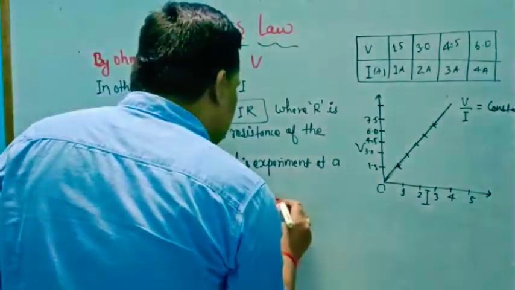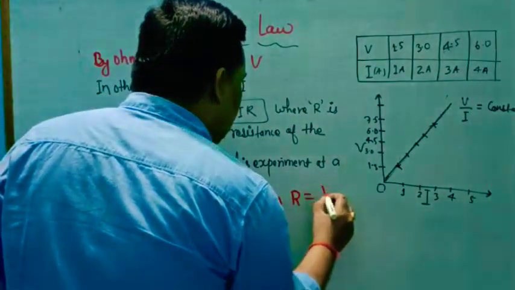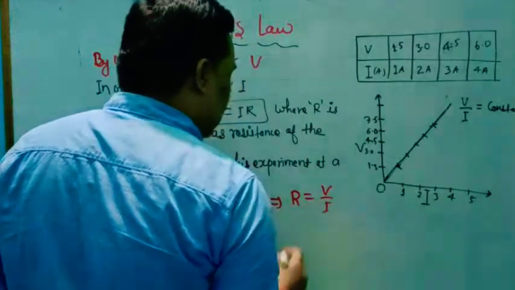Now, using the same relation, we get that R is equal to V upon I, which is a constant.